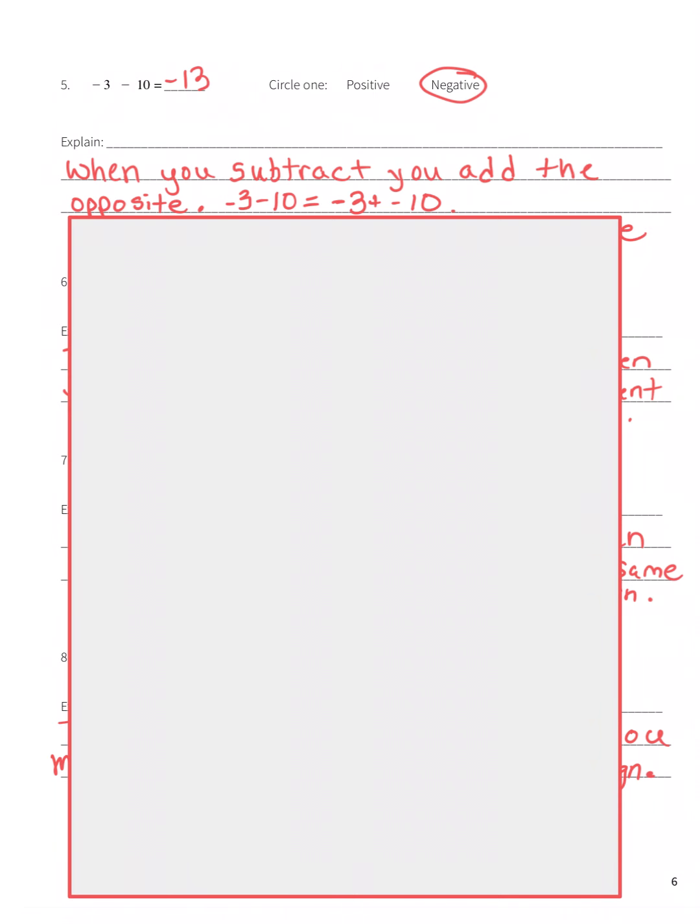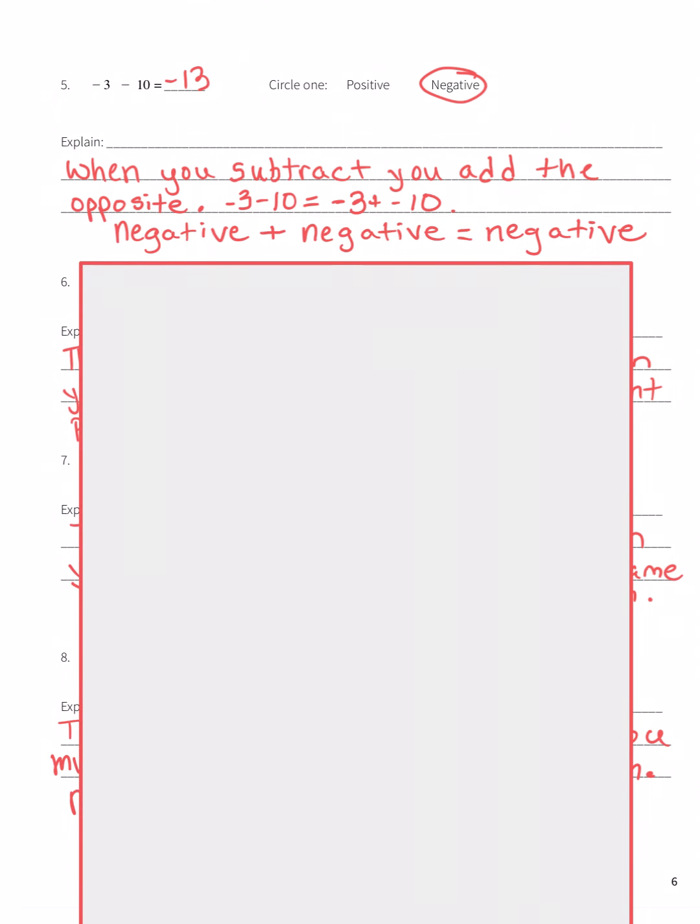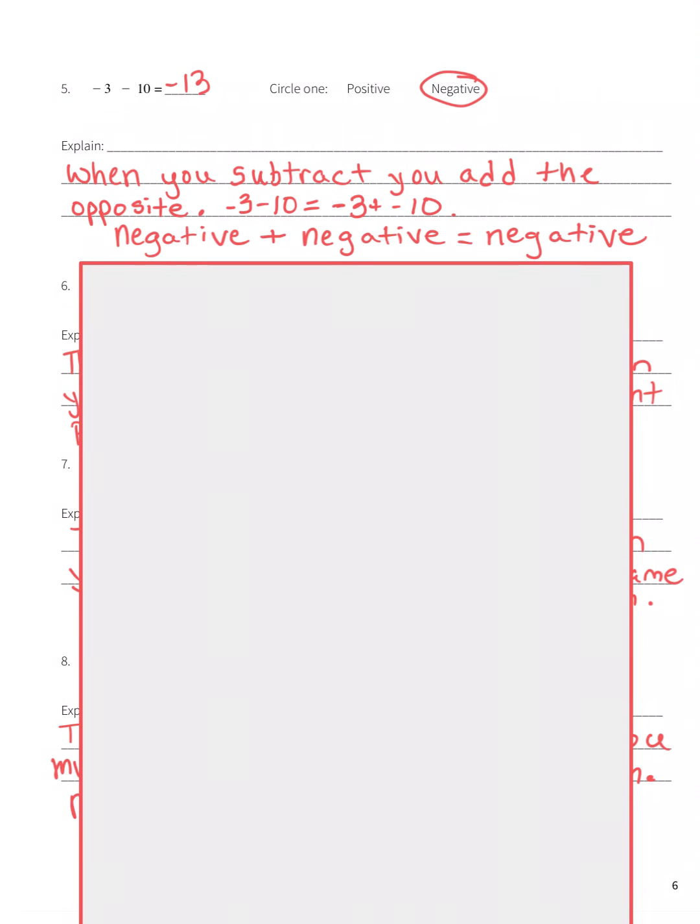Well, we know that a negative plus a negative is equal to a negative, because when you add two numbers with the same sign, it keeps the sign. Okay, make sure you have something similar to that in your notes before you move on.